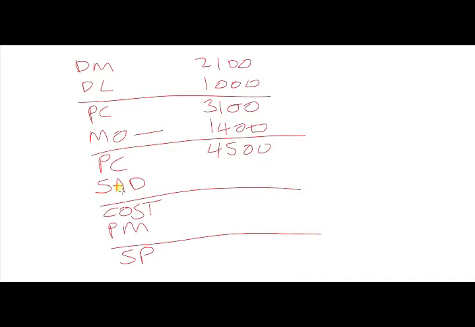Our total production cost for the job is 4,500. So we're going to take this 4,500 and multiply it by 33% to get the selling, administration and distribution cost.